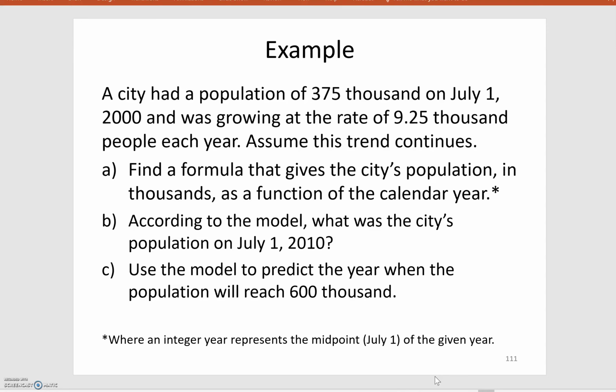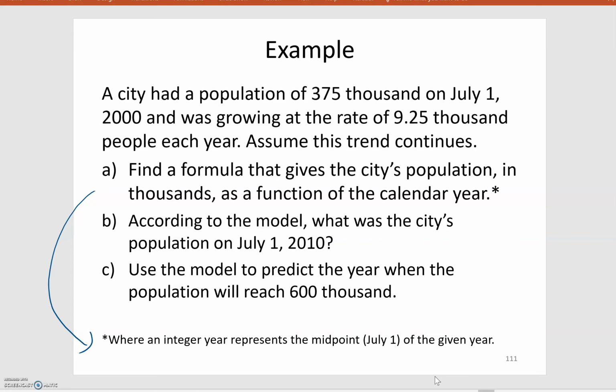Assume the trend continues. Find a formula that gives the city's population in thousands as a function of the calendar year. All right, and notice there's an asterisk here, where an integer year represents the midpoint July 1 of the given year.